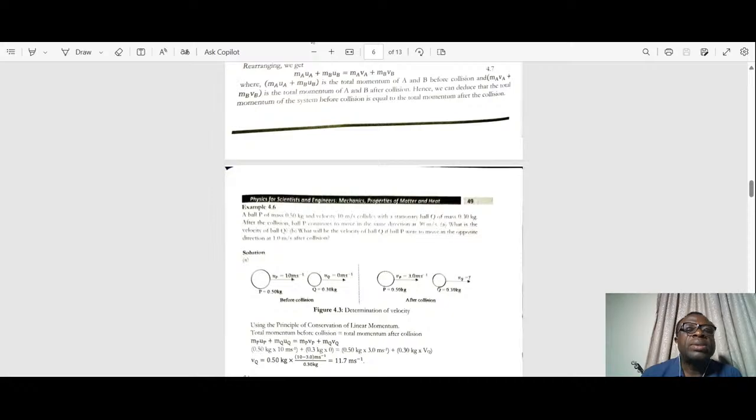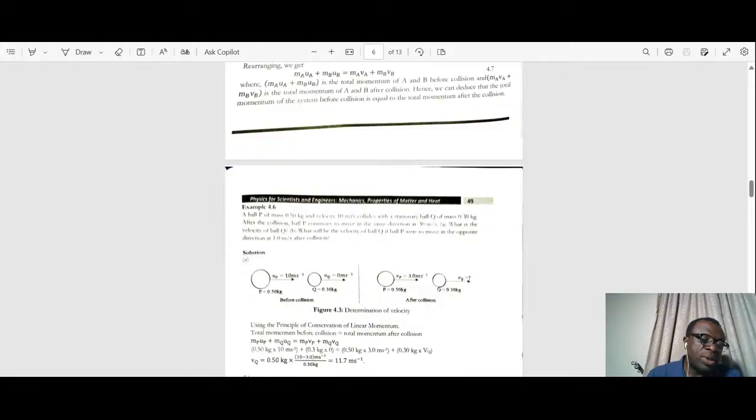I repeat this question again. Example 4.6. A ball P of mass 0.5 kg and velocity 10 meters per second collides with a stationary ball Q of mass 0.3 kg. After the collision, the ball P continues to move in the same direction at 30 meters per second.